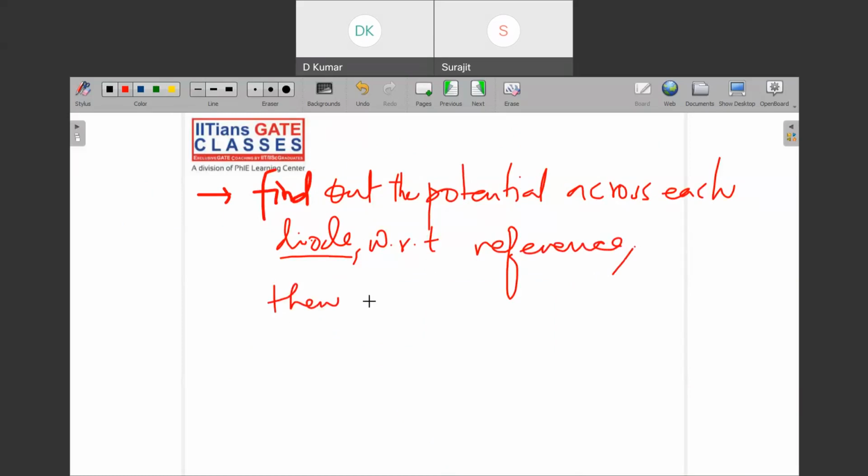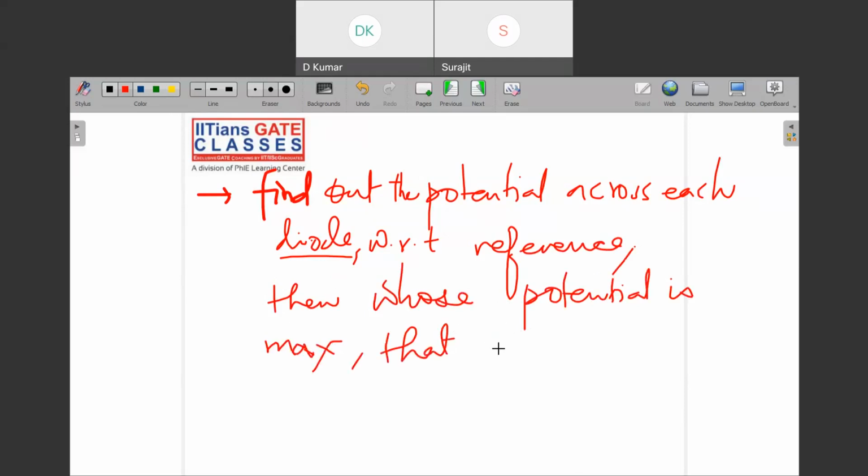Then whose potential is maximum, that diode will be on.